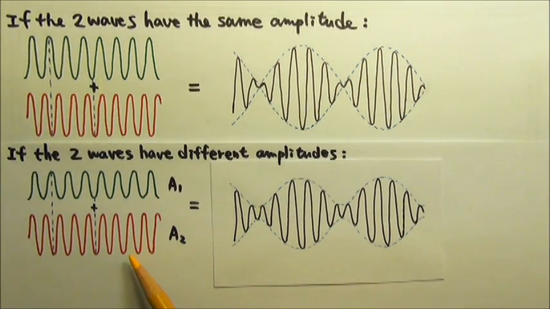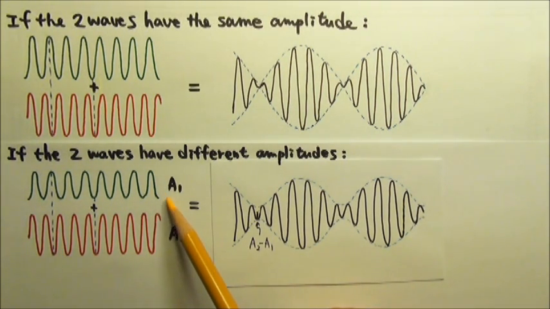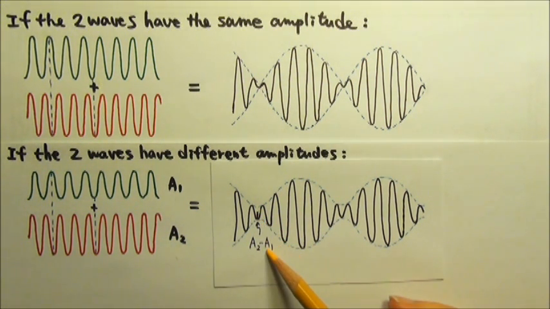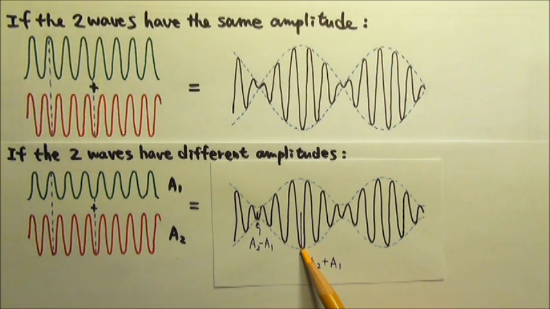If the two interfering waves have different amplitudes, at the moment when peak meets trough, the two displacements would not cancel completely. If we have amplitudes A1 and A2, this here would be A2 minus A1. A little bit later, when trough meets trough, we would get a deeper trough.